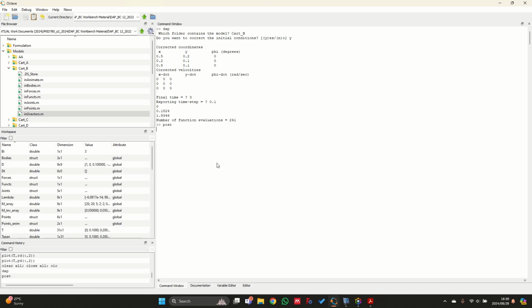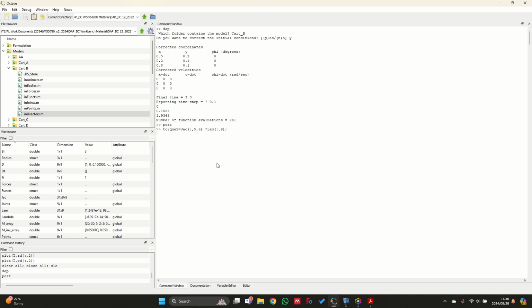Then if I run post, I can say torque 2, in other words the torque applied to body 2, is equal to the Jacobian matrix, Jac, all of the time steps, row 9, column 6, and I dot and multiply this with the Lagrange multiplier for my motor as well.